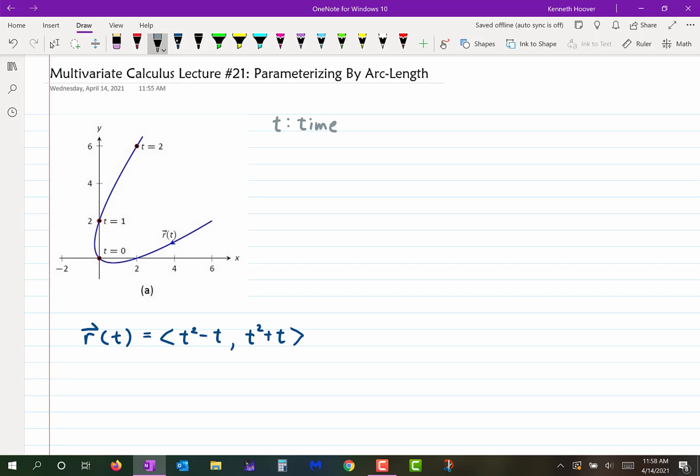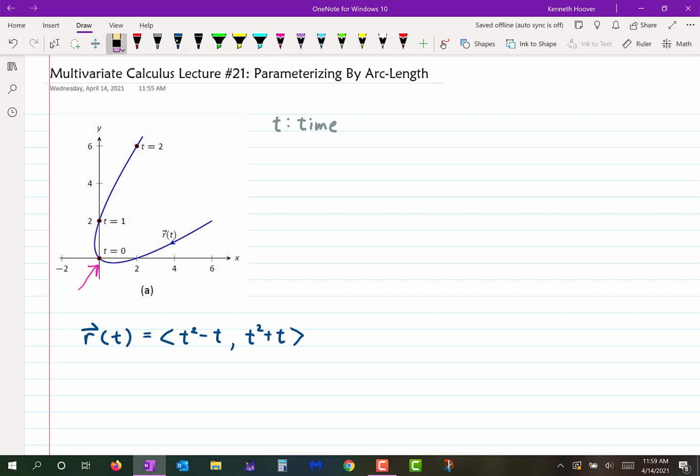For instance, let's say that you're walking, and time is measured in hours. Then you could ask, where are we starting our hike? The answer is you're starting right here, because that's your location when time is 0.